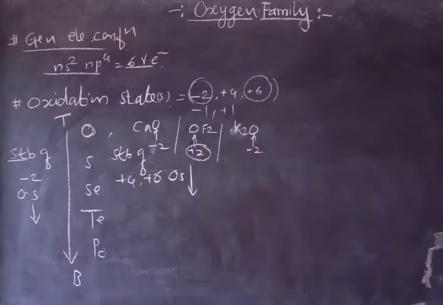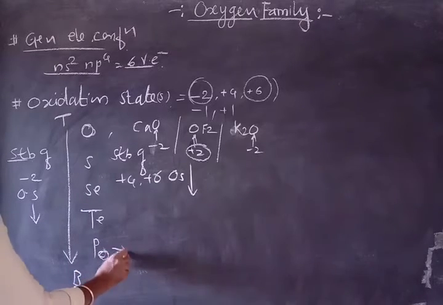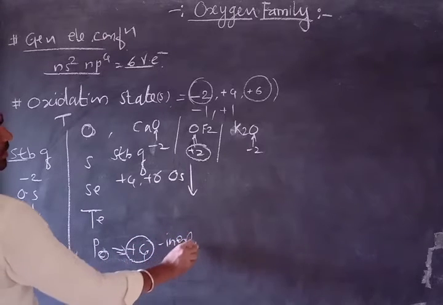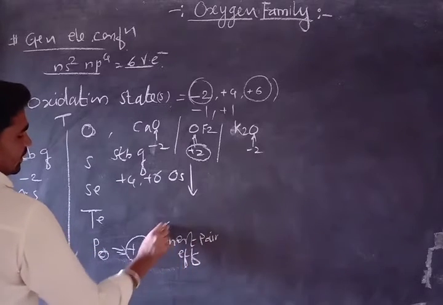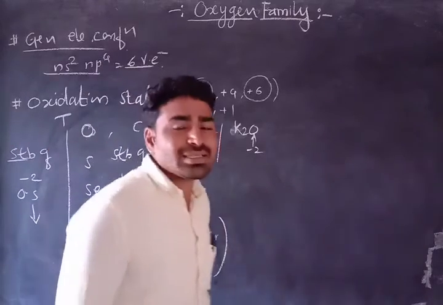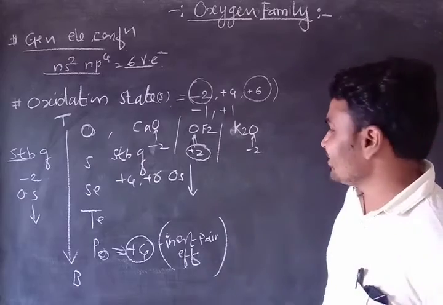Here polonium exhibits the +4 oxidation state because of the inert pair effect. This inert pair effect you would have learned in class 11th, p-block elements, group number 13 and 14.